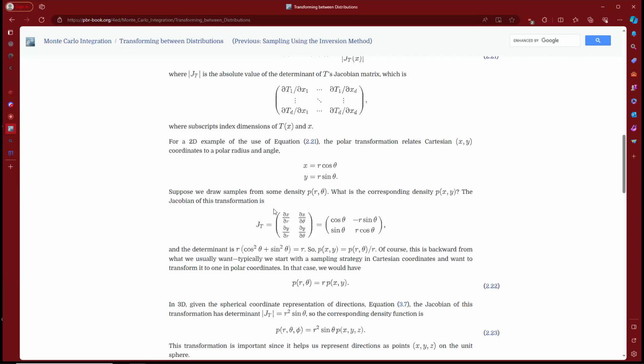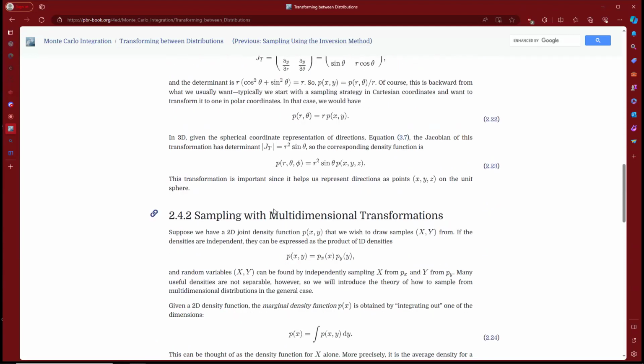Of course, this is backward from what we usually want. Typically, we start with a sampling strategy in Cartesian coordinates and want to transform back to one in polar coordinates. In that case, p of r theta is equal to r times p of xy.